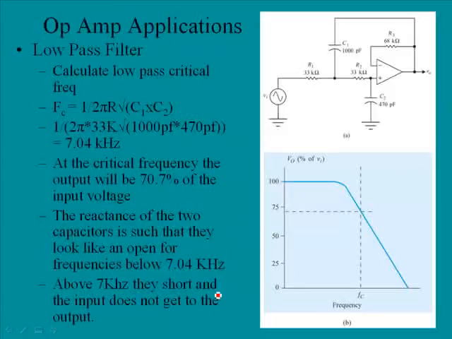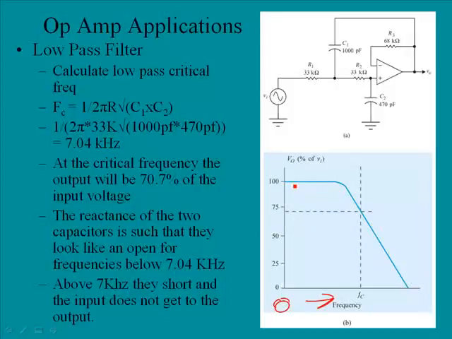The first one we're going to look at is the low-pass filter. What we have here is a graph of the output of a low-pass filter, so you get the idea of what's going on. Here we have frequency going from 0 up to whatever frequency we're filtering, and here is the amplitude of the signal.